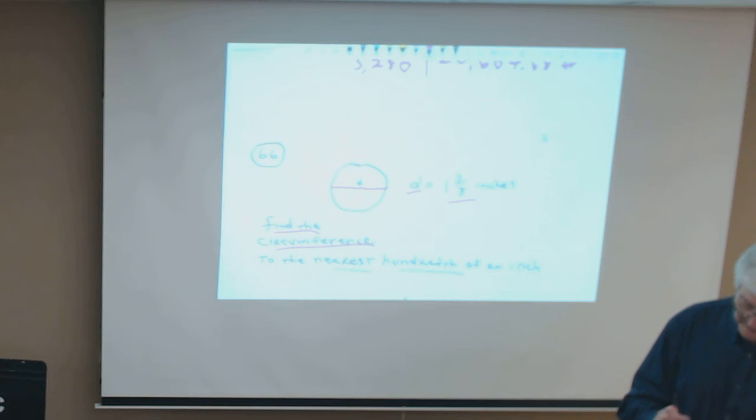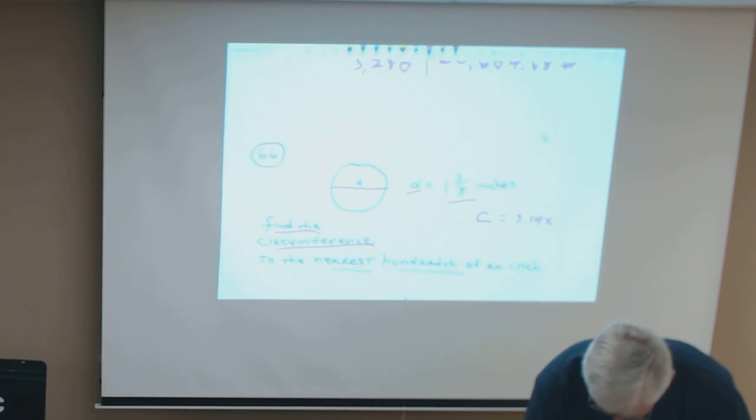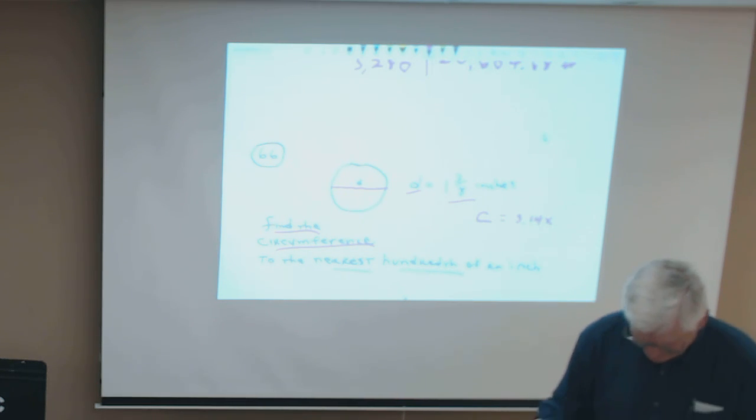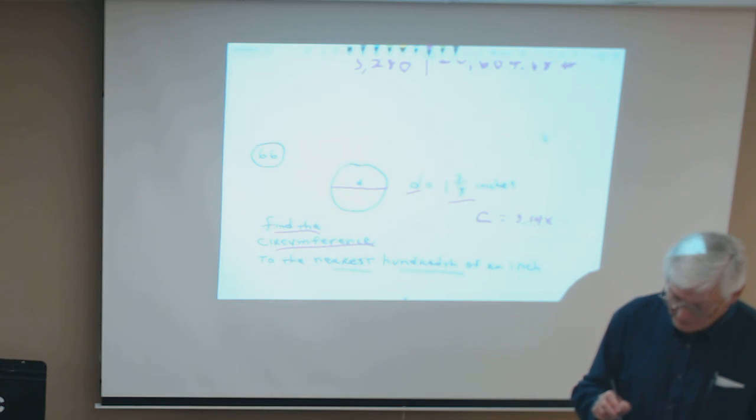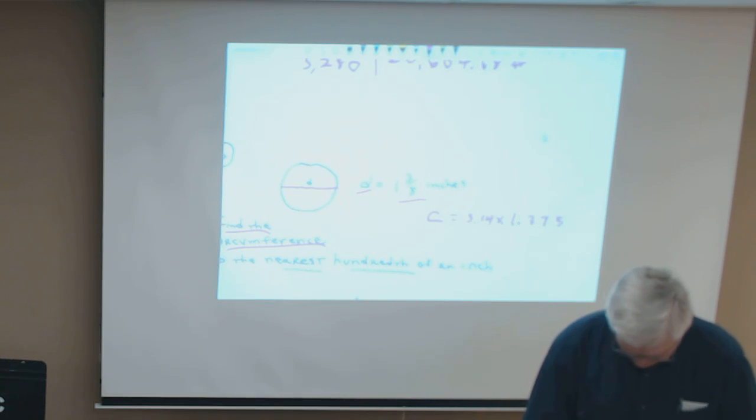So that would be circumference equals 3.14 times, what's 3 divided by 8? 0.375 times 1.375. Multiply those two.